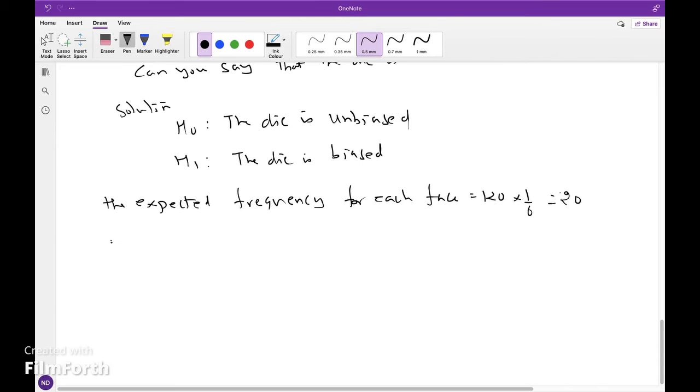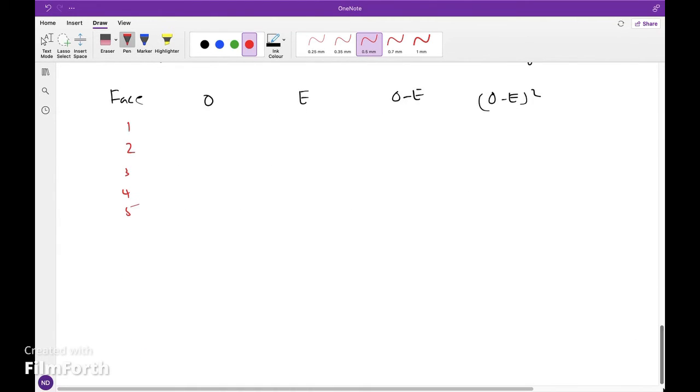So the table: face, O, E, O minus E, O minus E the whole squared. Faces 1, 2, 3, 4, 5 and 6. Observed 30, 25, 18, 10, 22, 15. Expected 20 each.